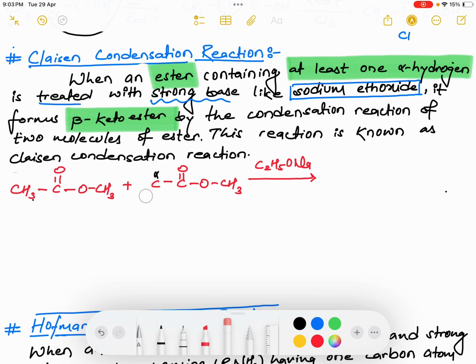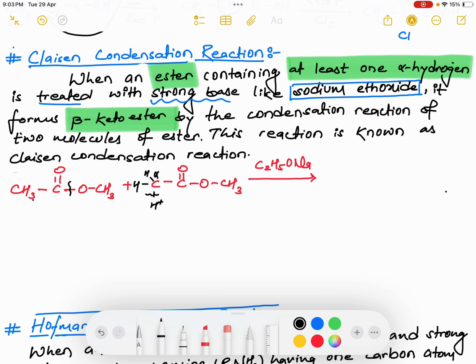If we write it like this, with hydrogen, and here also I am giving one hydrogen. So what will happen is, one of the hydrogens from here will break the bond, and this will break the bond right here.